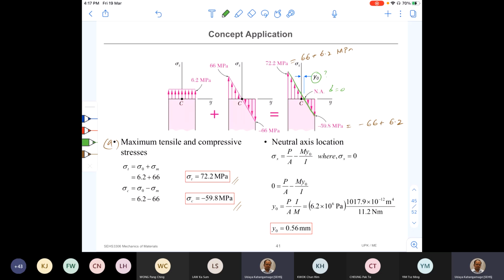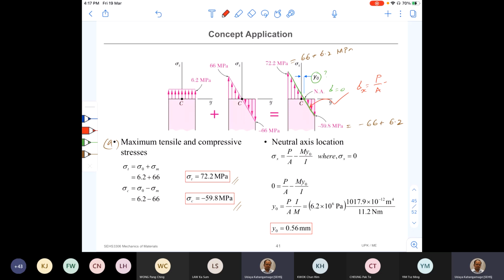So we can do that if you take the equation of this line. Previously, can you remember how we wrote this equation? Sigma x is equal to the normal stress plus the stress due to bending moment.